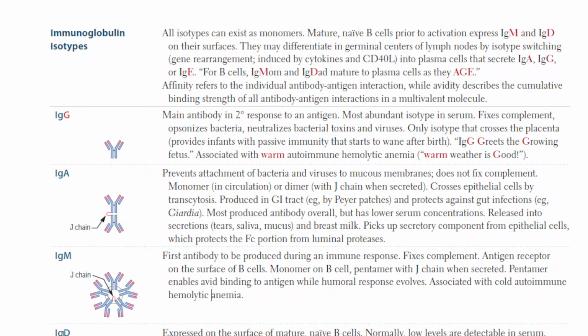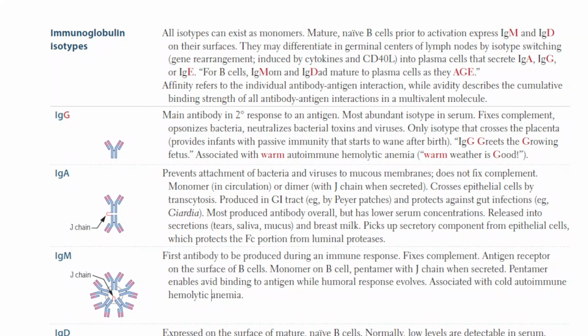Immunoglobulin D is expressed on the surface of mature naive B cells. Remember, MD, mom and dad, as this one too, as immunoglobulin M. Normally low levels are detected in the serum.